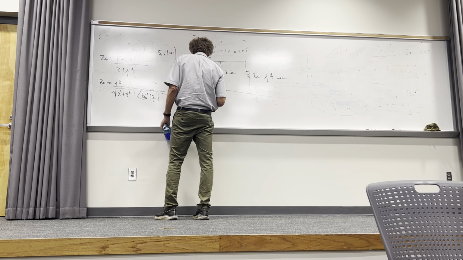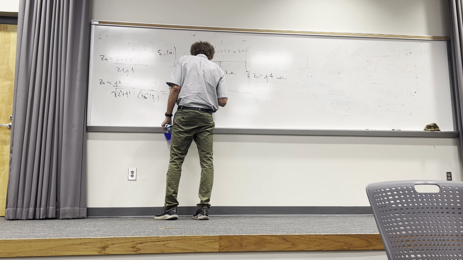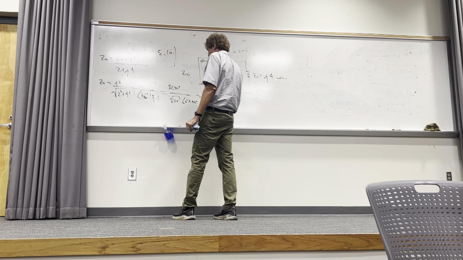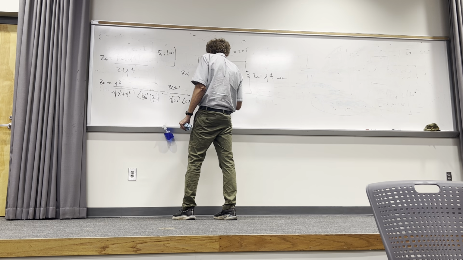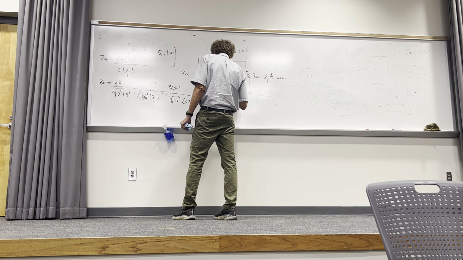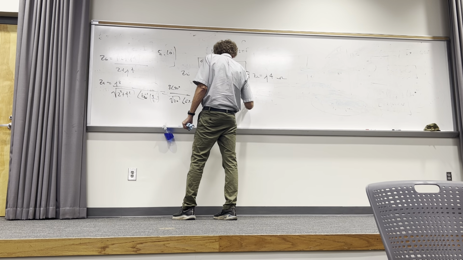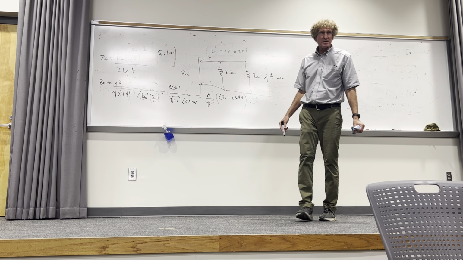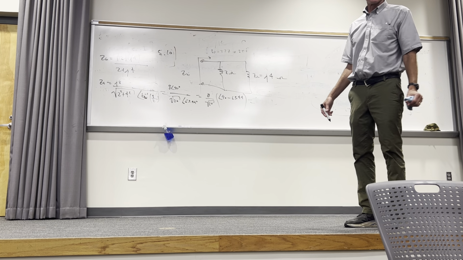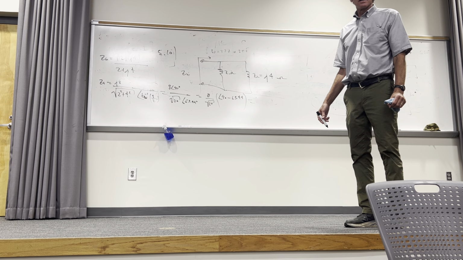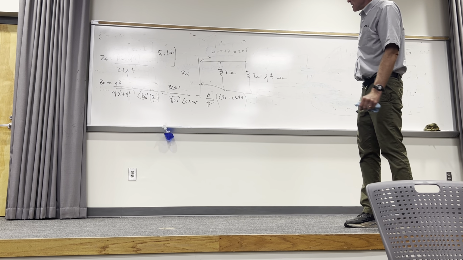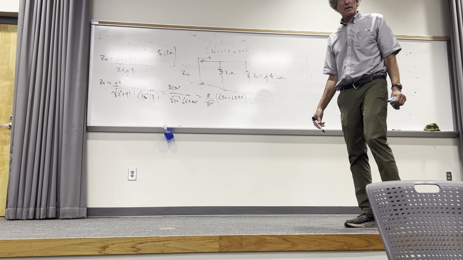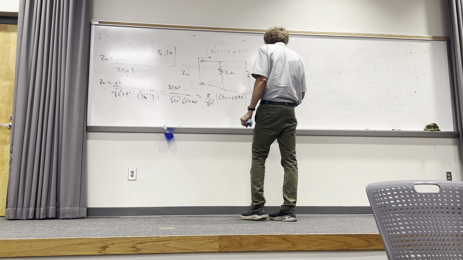Now, you can say the magnitude would be 8 over the square root of 20, and your angle is 90 minus 63.44. So I got 8 over the square root of 20, what is that? About 1.78.